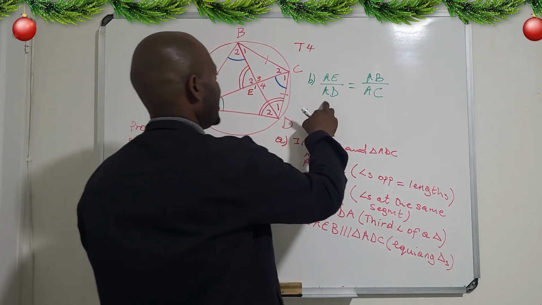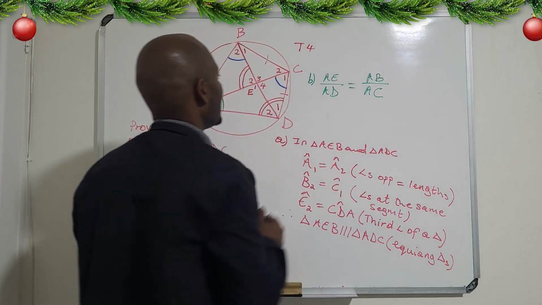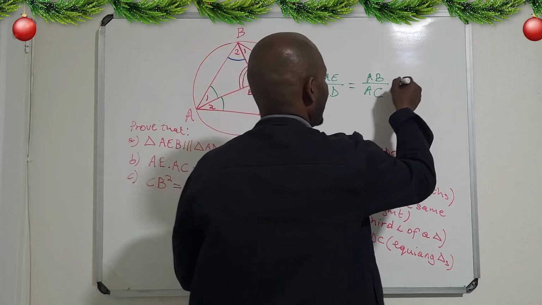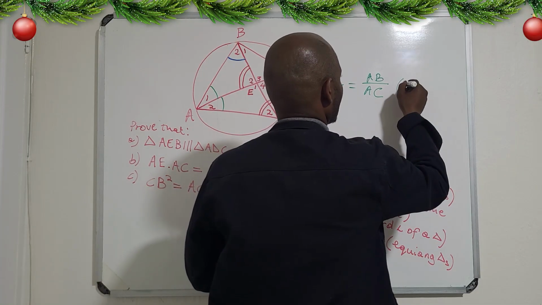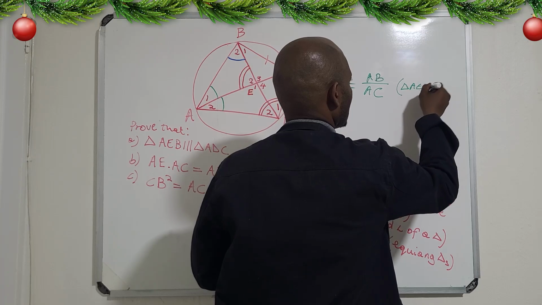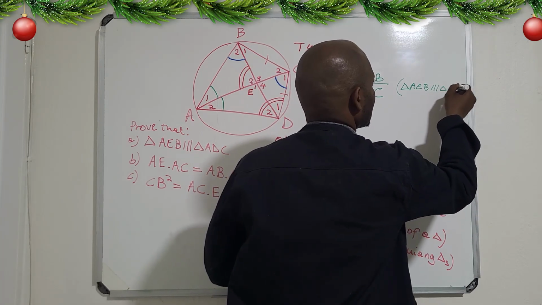AE over AD is equal to AB over AC. Why is that? We know that triangle AEB is similar to triangle ADC.